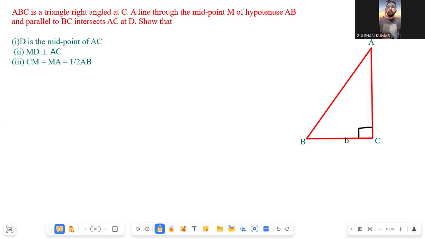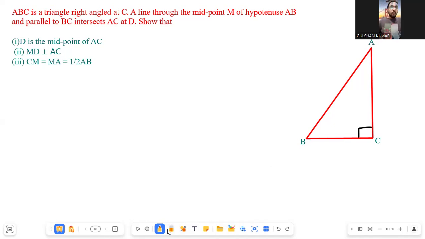Now, a line through the midpoint M of the hypotenuse AB. This one is the hypotenuse AB.